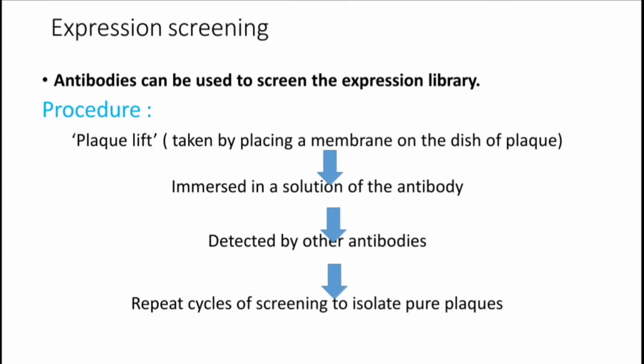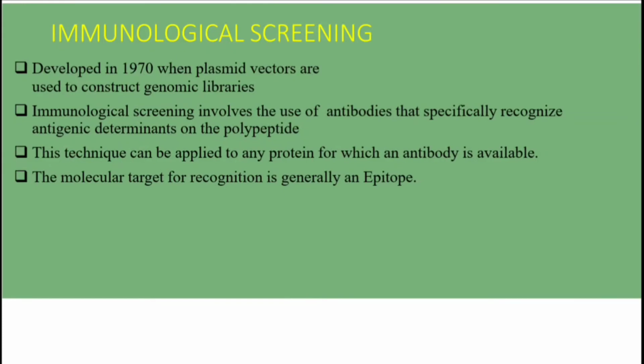The procedure is that we have to take the plaque lift by placing a membrane on the dish of the plaques. Then it is immersed into a solution of the antibody and detected by other antibodies, and repeated cycles of screening are carried out to isolate the pure plaques. Immunological screening is carried out.